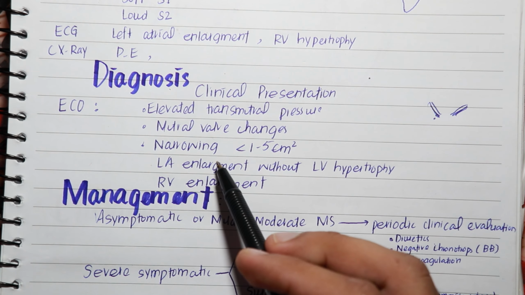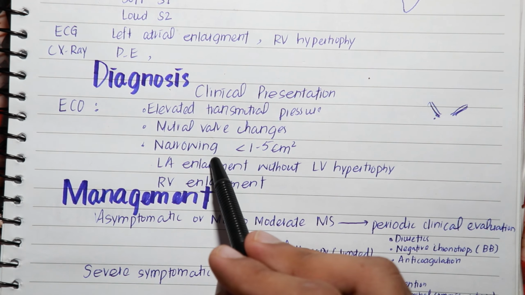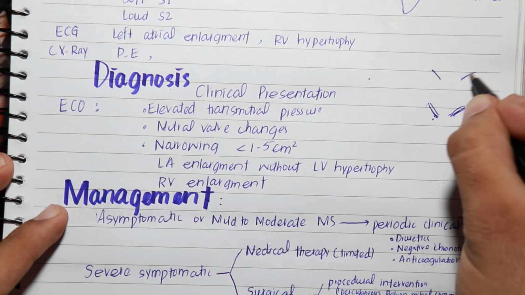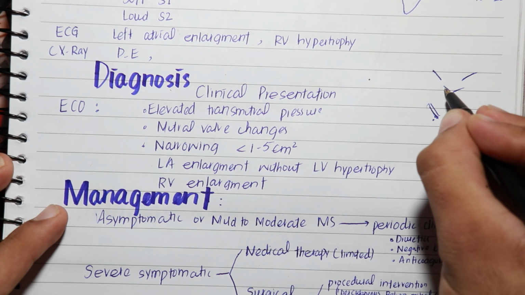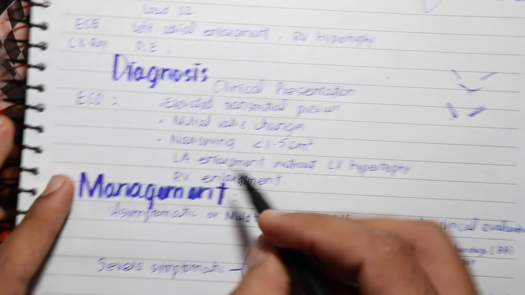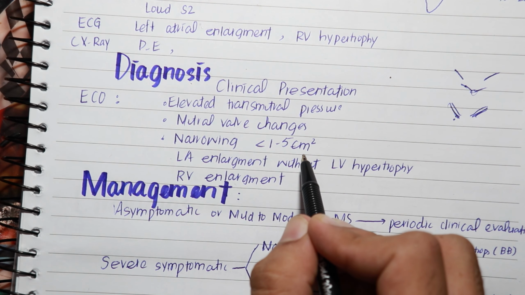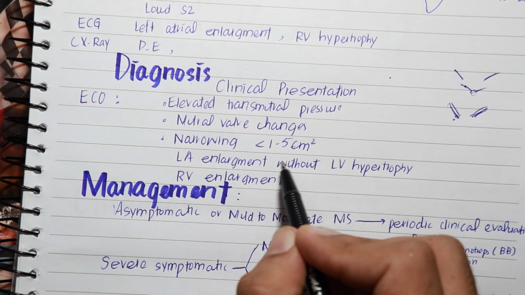The third is narrowing of the mitral valve orifice. Normally the valve is like this. It is now narrowed, like this one. How much is the narrowing? It is less than 1.5 square centimeters.